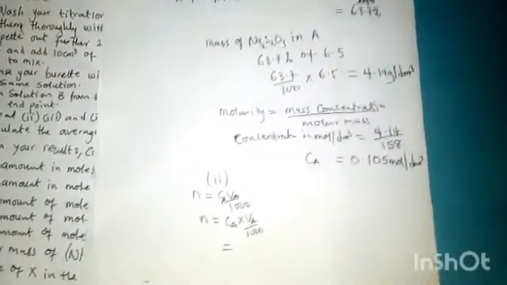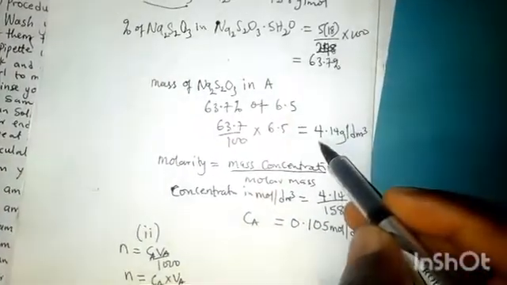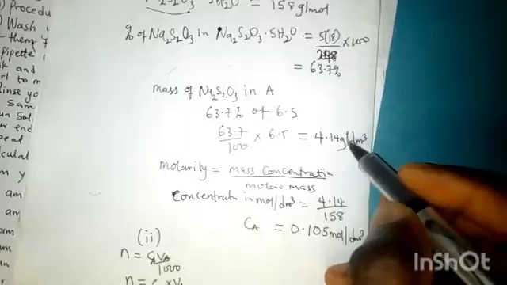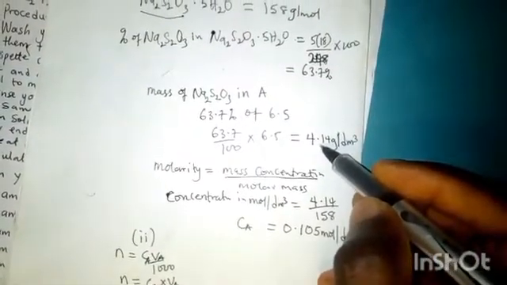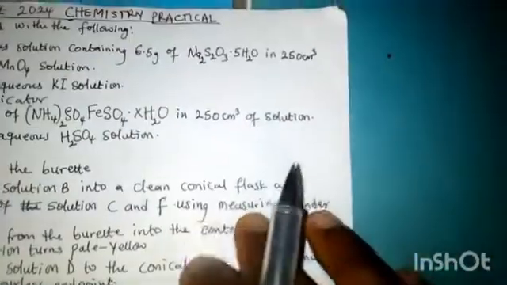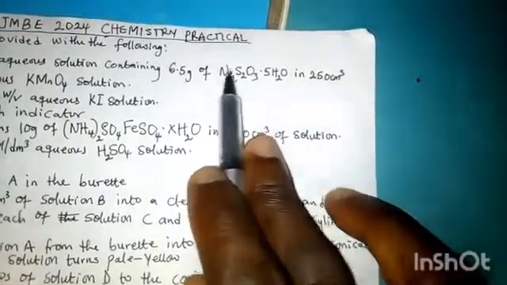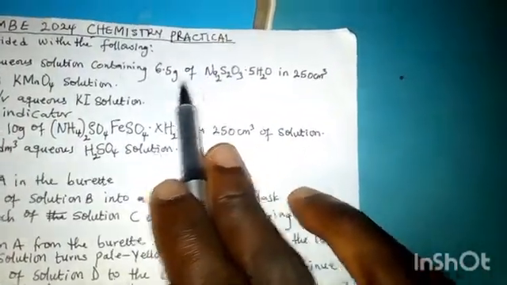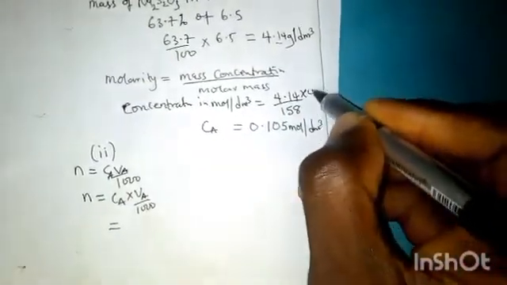Sorry, we need to adjust one or two things in this calculation. Don't forget, this is the mass of anhydrous sodium thiosulfate in 250 according to the question. If 6.5 is in 250, then this times 4 will be in 1000. So we are supposed to multiply this by 4.